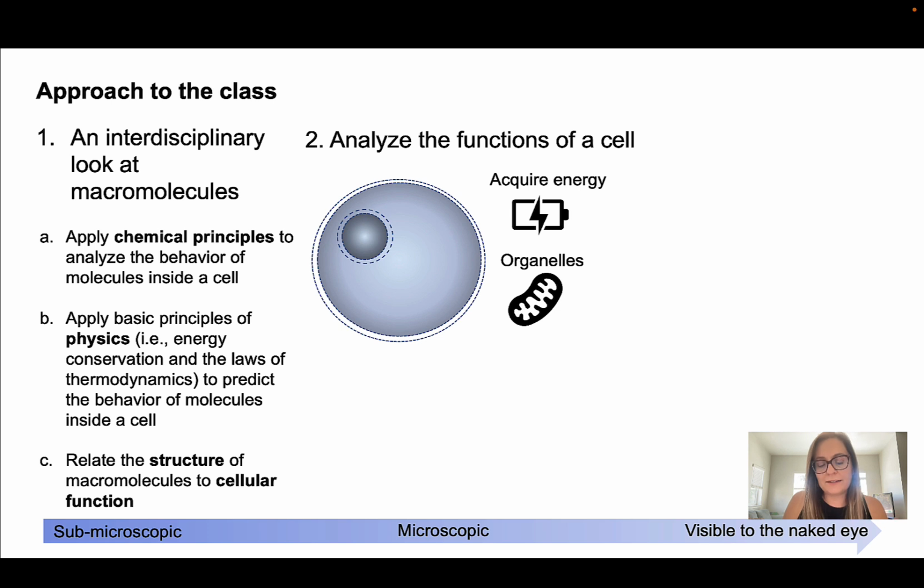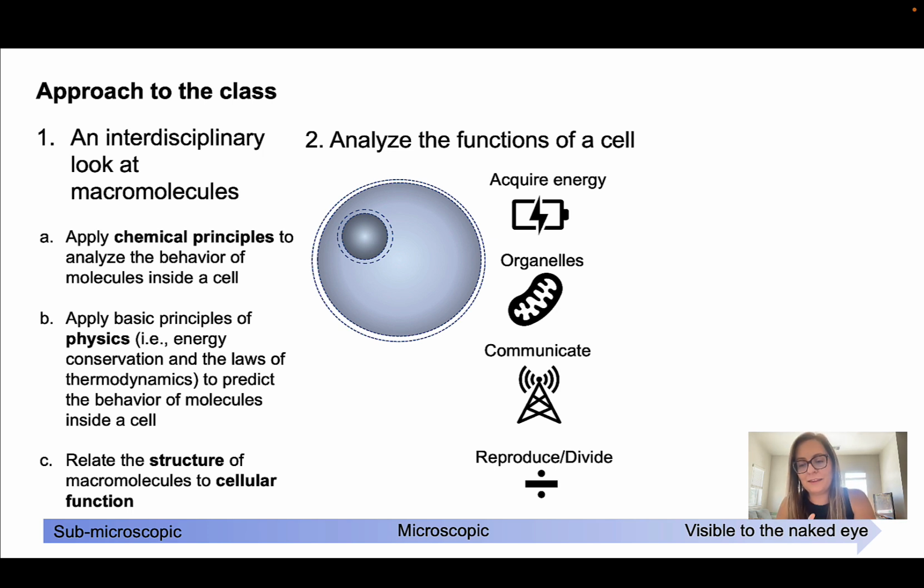And we're going to look at the specialized function of organelles. And then we're going to look at how some proteins move through organelles or move out of the cell. We'll also look at how cells are able to communicate with each other, as well as how cells reproduce and divide.